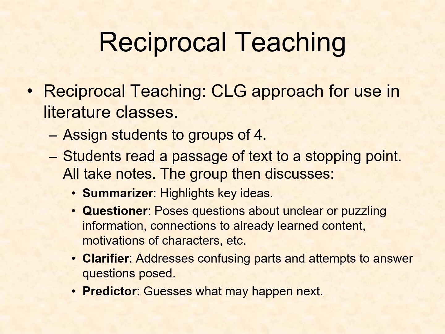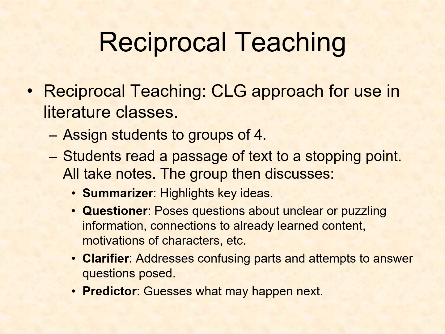One person is going to focus on questioning. So what things were unclear, or what was puzzling, or maybe looking at the motivation of characters or connections to things already learned. And that person will simply pose some questions. A third student will function as the clarifier, and this person will address confusing parts and will attempt to focus on those questions that the questioner has posed and attempt to respond to them.